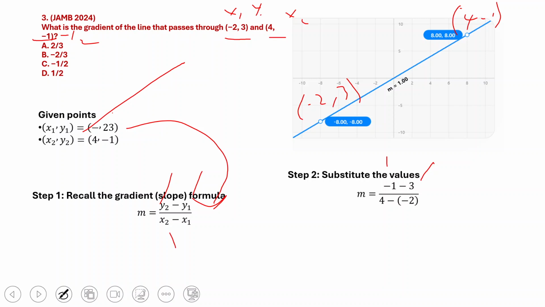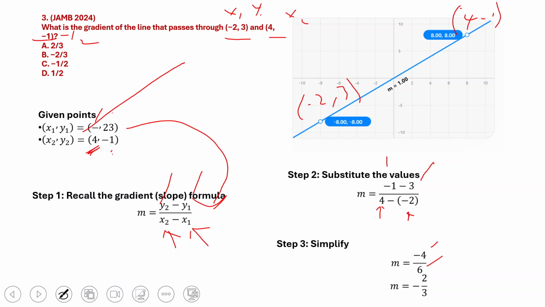Where I have x2, I put 4, according to what I have here. And where I have x1, I put -2. All right, so I will simplify. So -1 minus 3 will give me -4, and 4 minus -2 will give me 6.